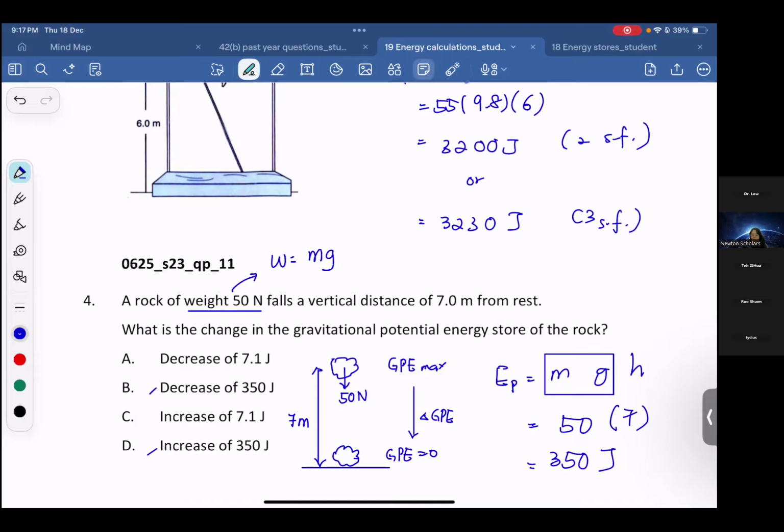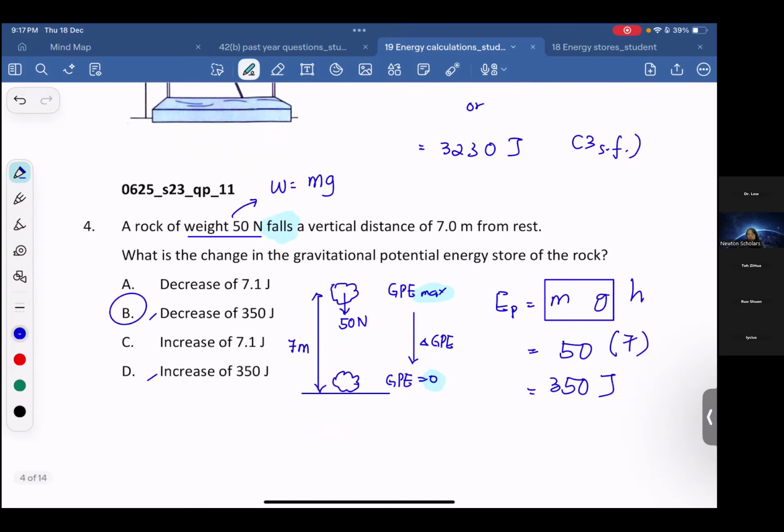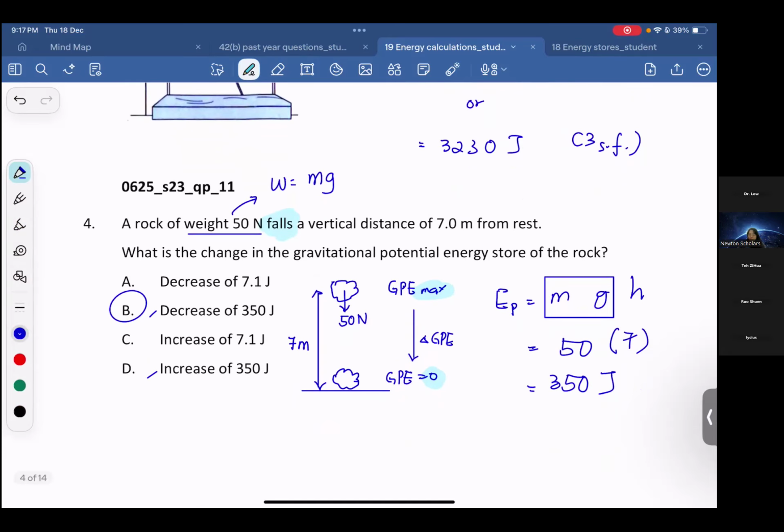Now it's falling. The keyword is falling. If it falls, that means we go from the maximum and then become 0. So it decreases, so the answer should be B. At maximum here, it is 350 joule.